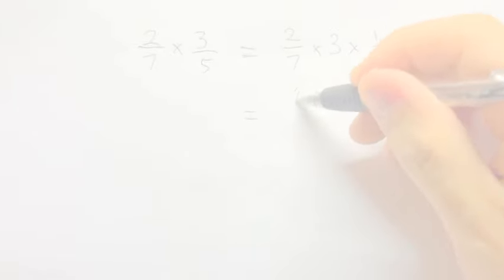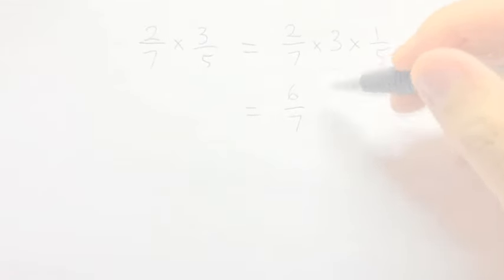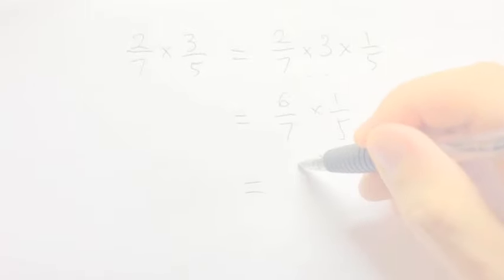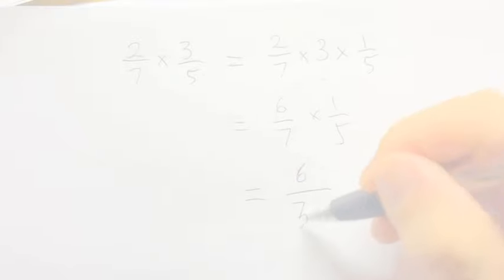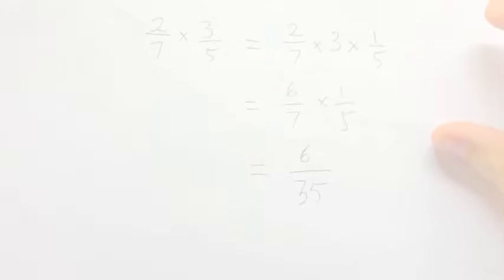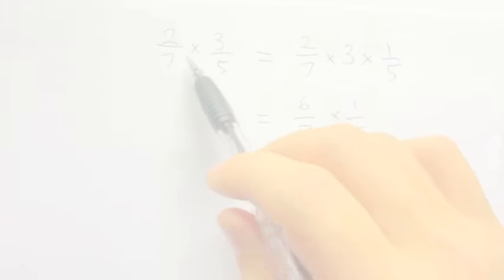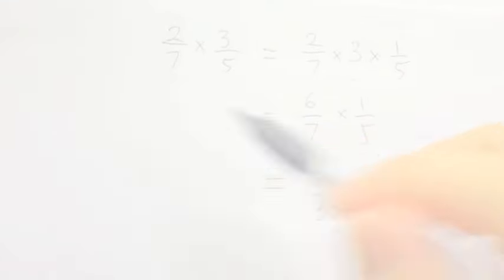This becomes 6 over 7 times 1 over 5, and we know that when you have this situation, it becomes 6 over 35. So 6 over the product of these two numbers. So in general, when you have a fraction and you have multiplication, you just multiply the top to get the top of the answer and the bottom to get the bottom of the answer.